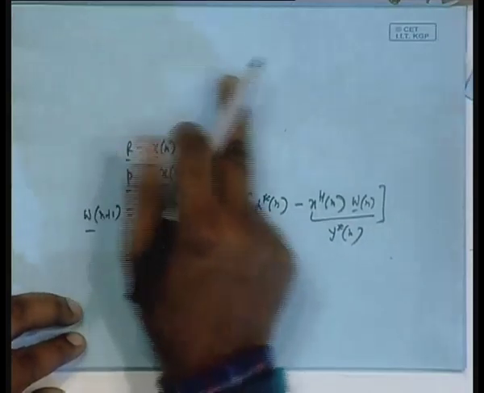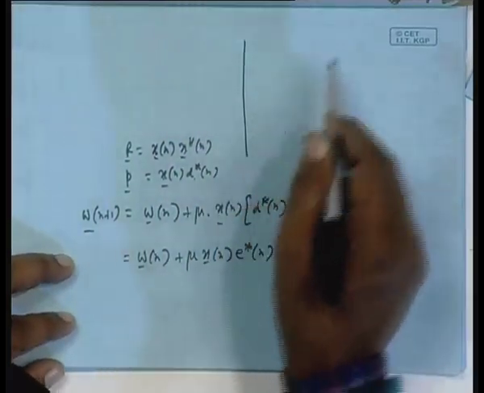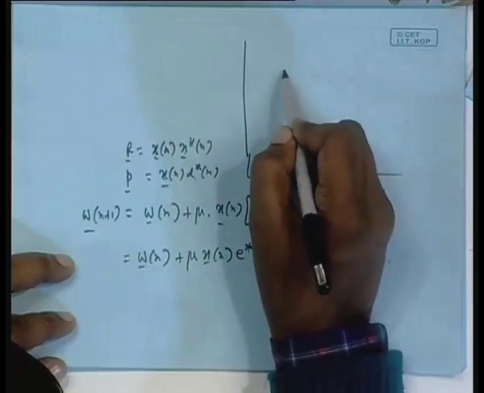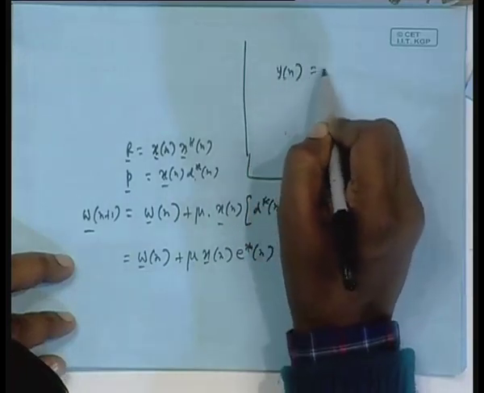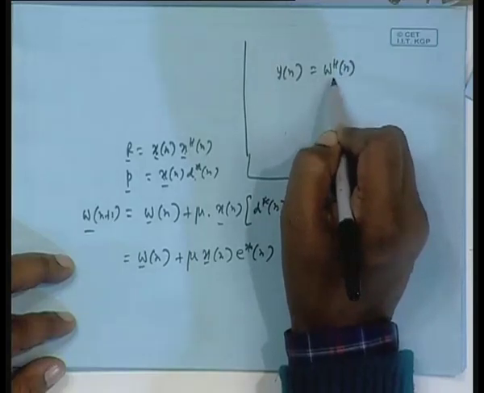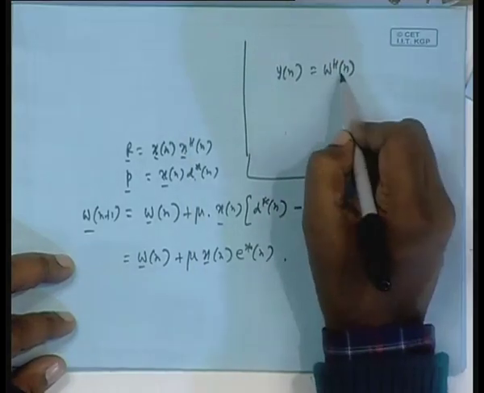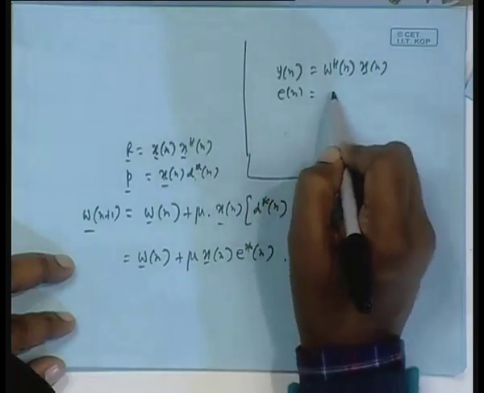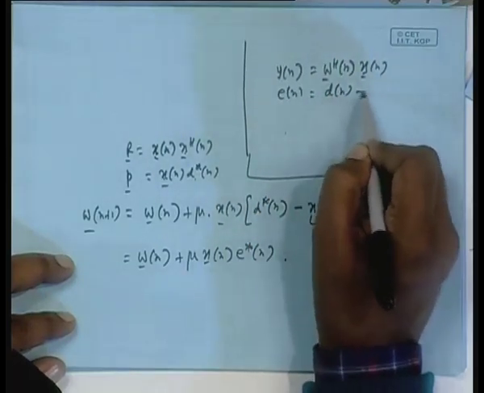Filtering step, write down the steps quickly, it will take 1 minute only. You first find out yn, yn is WHn xn, mind you have to write WH. Filtering requires WH into xn, then En is dn minus yn.